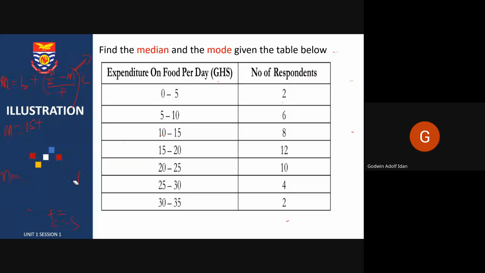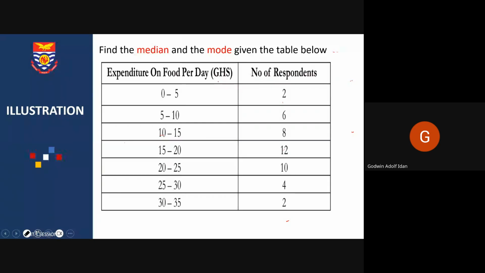Once we get the modal class, you're able to locate A, which is the lower value of the modal class. And then we do D1. D1 is the difference between the frequency of the modal class and the frequency above the modal class.